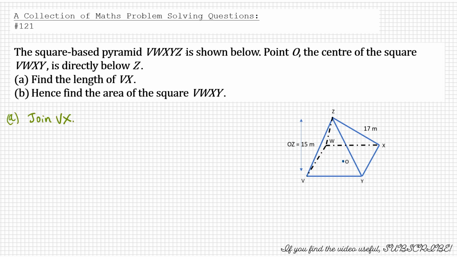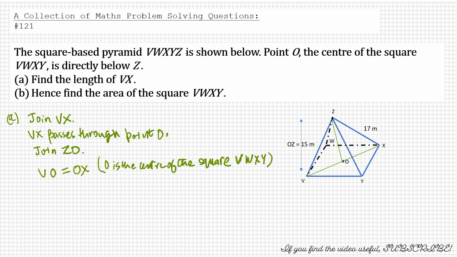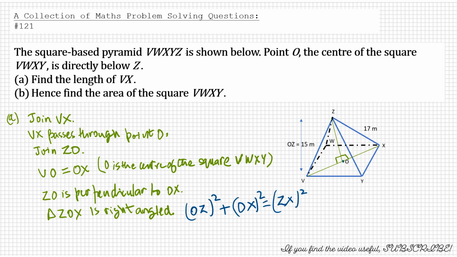So I first join VX, and VX passes through the point O, and then I join ZO, and then VO equals OX, because O is the center of the square VWXY, and ZO is perpendicular to OX. And so ZOX is right angled, so we are applying Pythagoras' theorem.